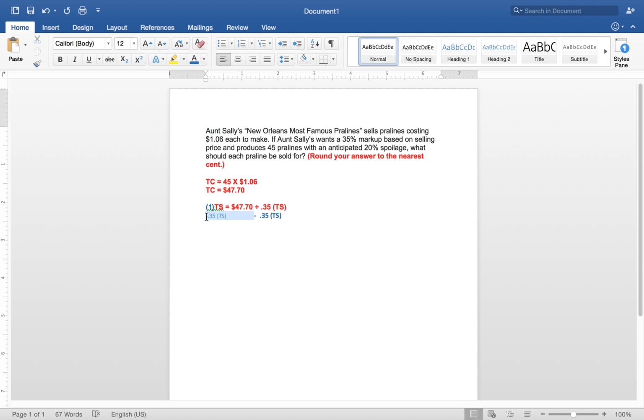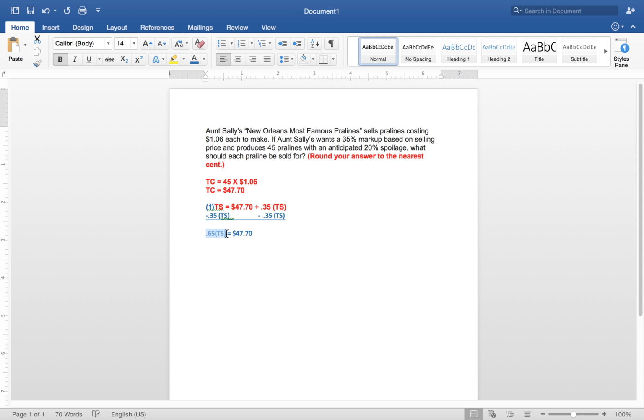Remember, what you do to one side, you have to do to the other. So what we're left with on the left side is 1 minus 0.35, which is 0.65 TS, equals 47.70.